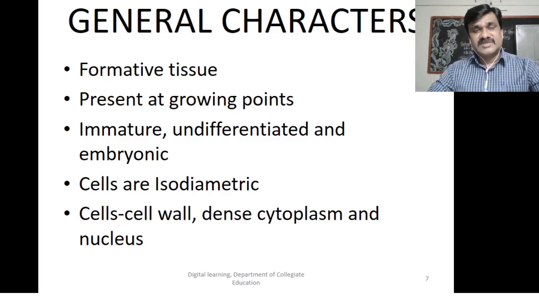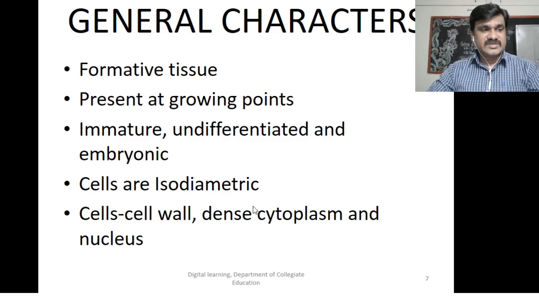Okay. And the cells are compactly arranged without intercellular spaces. Then the meristematic cells have a cell wall. The cell wall encloses a dense cytoplasm and a prominent nucleus is present.